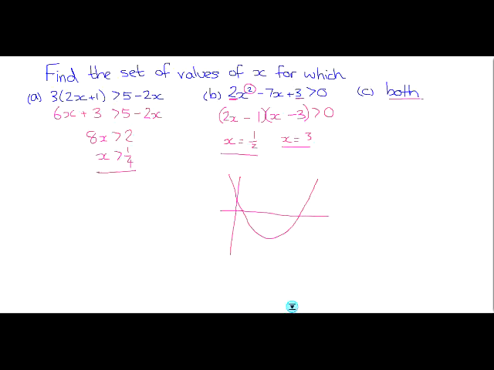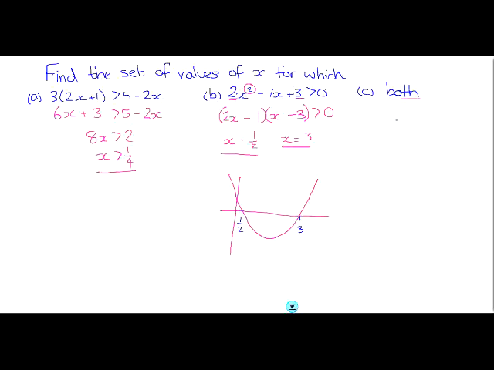Okay, so there's a quadratic curve. Let's put these numbers in. So there's a half, and there's 3. If they ask you to shade on the graph, they don't actually do that in this question, but I'm going to show you that anyway. Basically, is it this area here we're going to shade in, or is it past these points, like here and here? So is it between these two x values, or is it on the other sides?